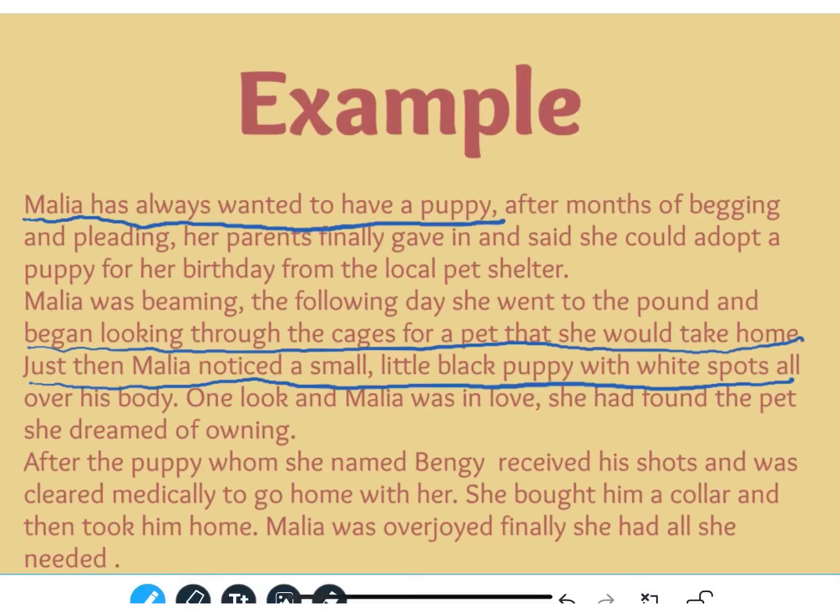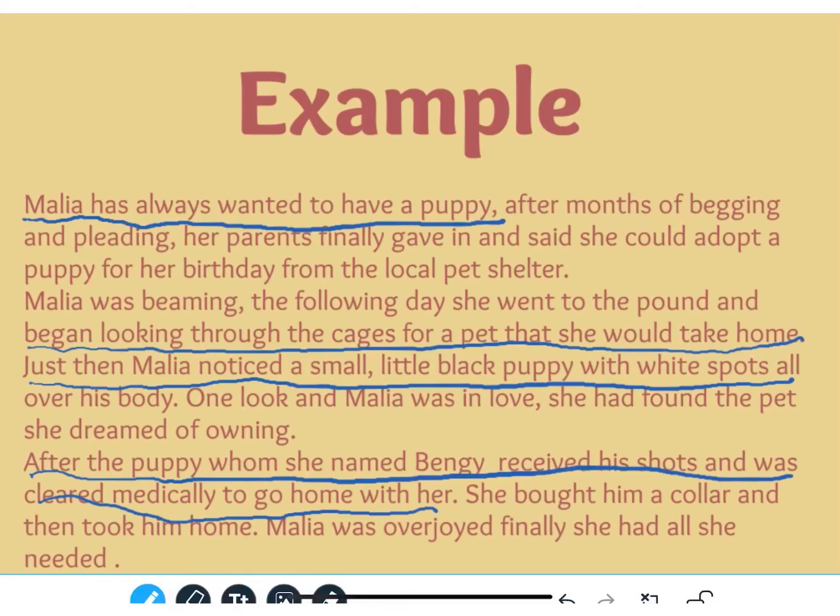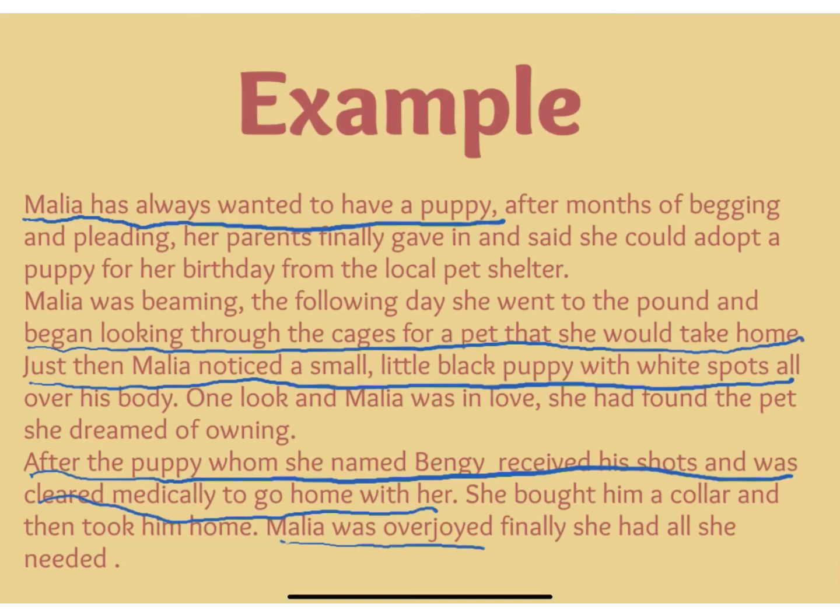Followed by the falling action, which consists of the dog receiving all his medical treatment. And then finally, the resolution or the ending, when Malia took Benji home with her and the story ended.